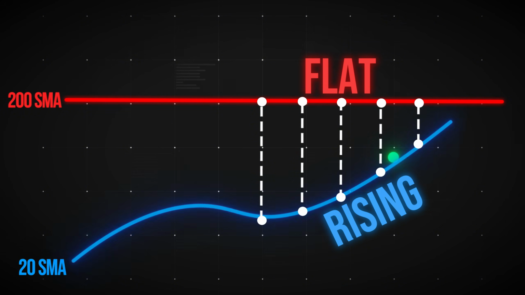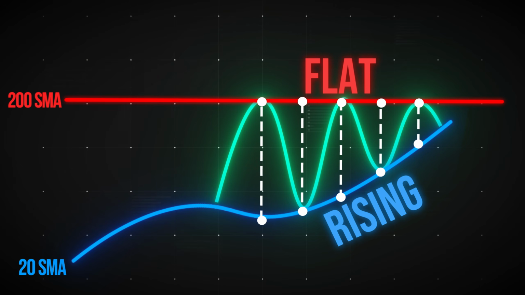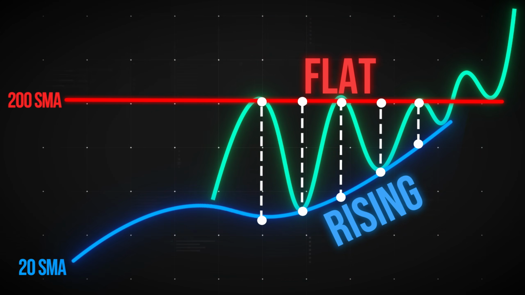Here's the key: if the 20 is containing the price activity, meaning it won't let the stock break, it's saying, nope, you've got to stay within my control, then the 20 is going to throw the price above the 200. It's going to overpower the 200.